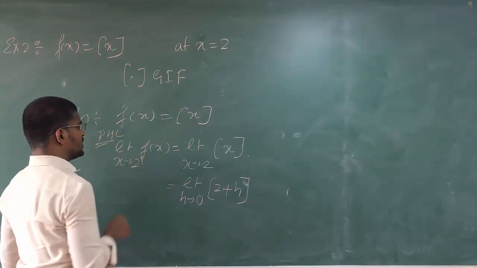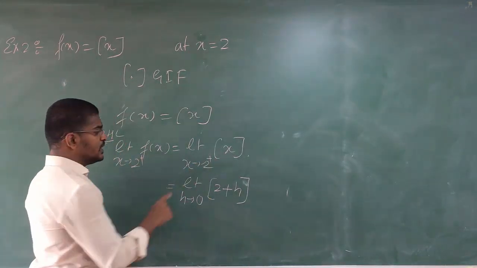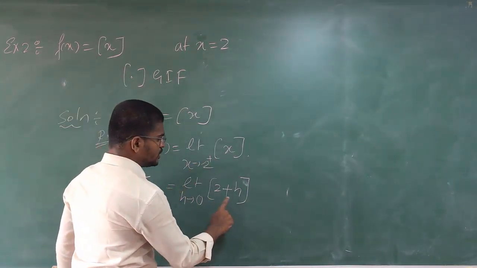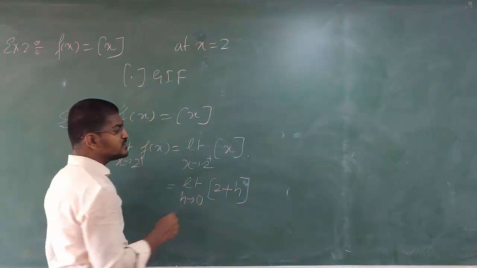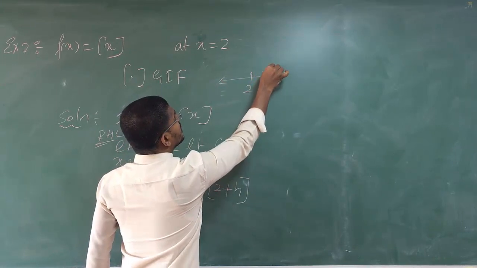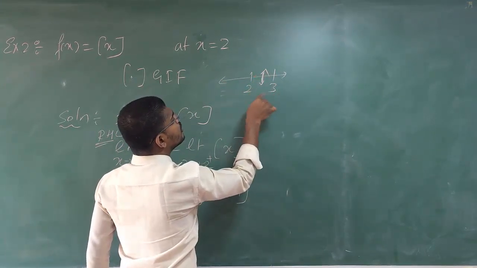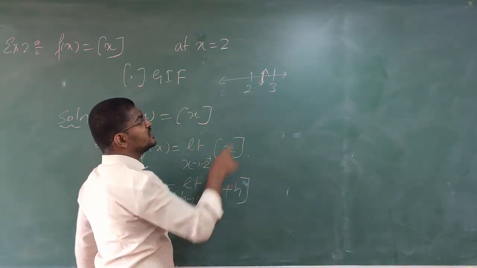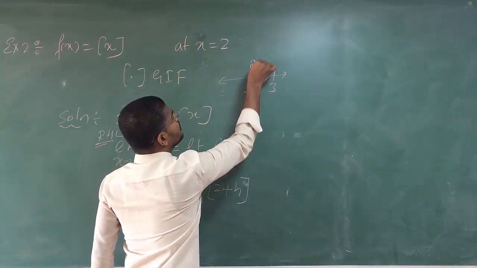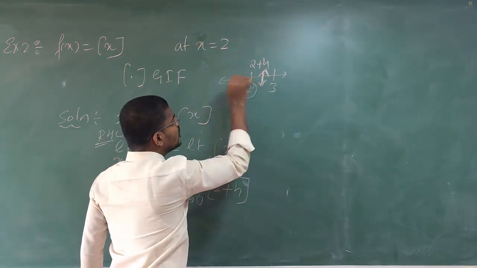Clear? As we discussed, if this is 2, this will be your 2 plus h. It is in between 2 and 3. So the greatest integer of 2 plus h is going to be equal to 2.